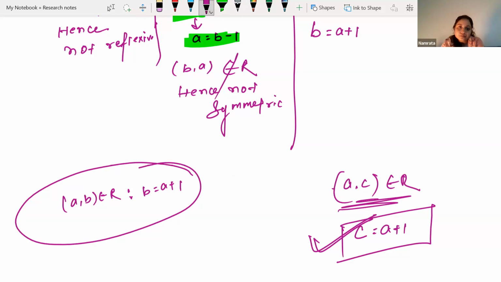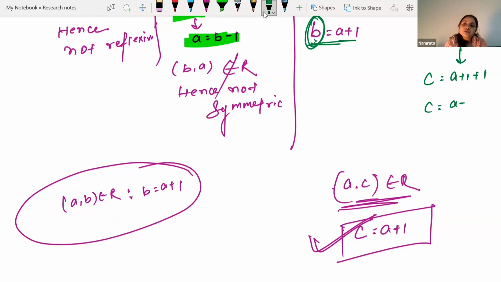From here, we will substitute the value of B, because we want a relation between A and C. So B we will be eliminating, just the way we solve an equation. If we substitute A plus 1 in place of B, what are we getting? C is equal to A plus 2. What we want is C equal to A plus 1. Then and only then can we say (A, C) belongs to R.